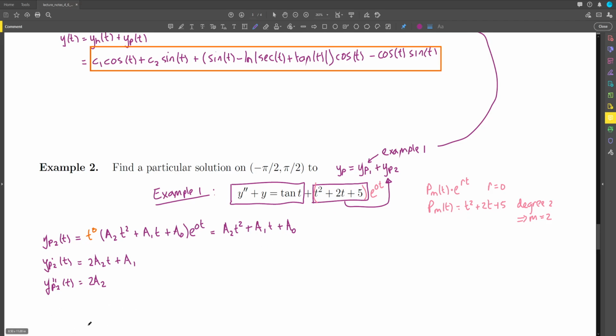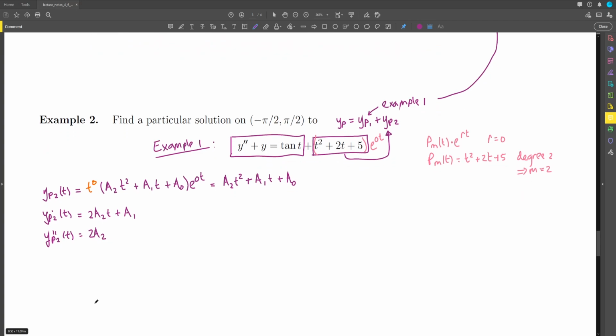So we want yp2 double prime plus yp2 to equal t squared plus 2t plus 5. yp2 double prime is 2a2, and then plus yp2, that is a2t squared plus a1t plus a naught, and that equals t squared plus 2t plus 5.